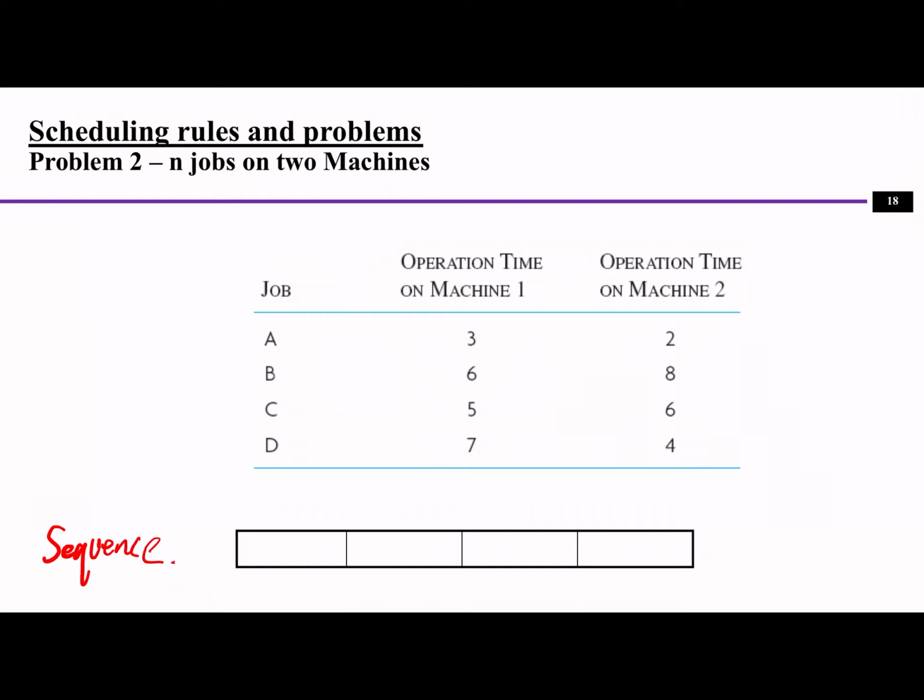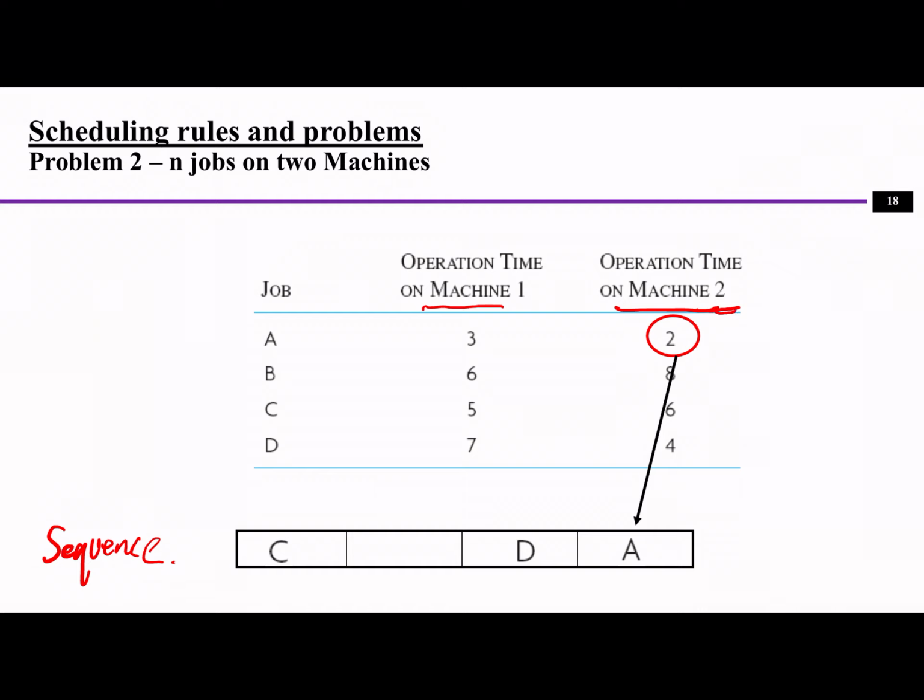According to Johnson's rule, we first look at what? The smallest number of the 2 columns. This is column 1, this is column 2. The smallest number of the 2 columns is 2, right?